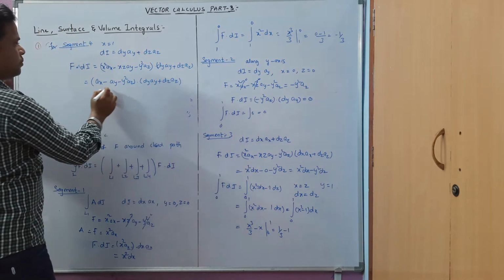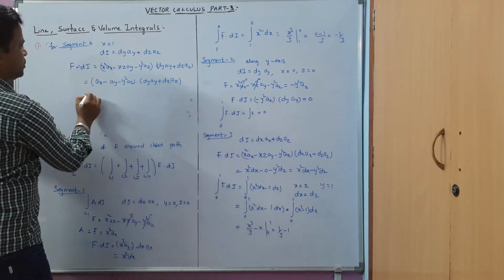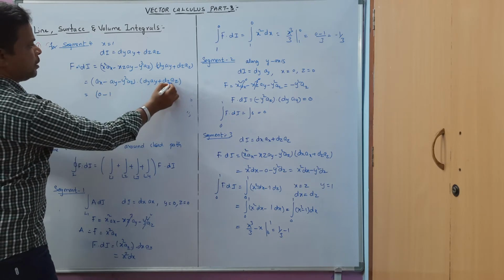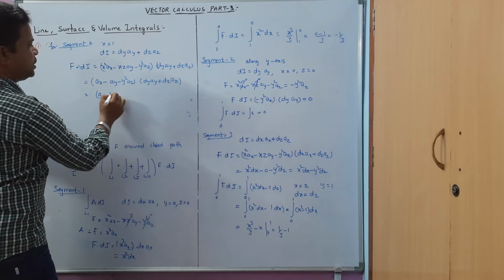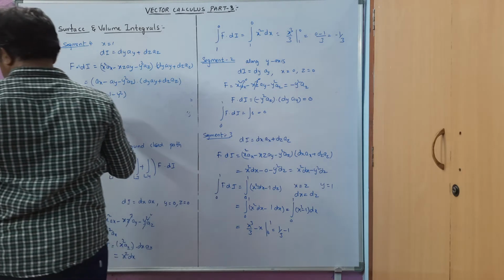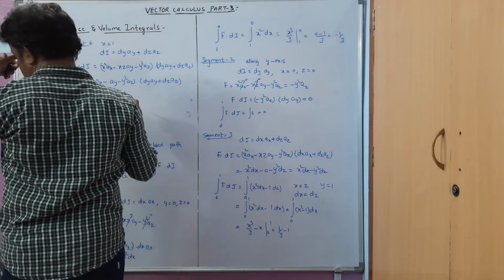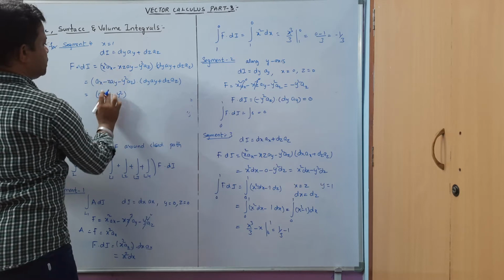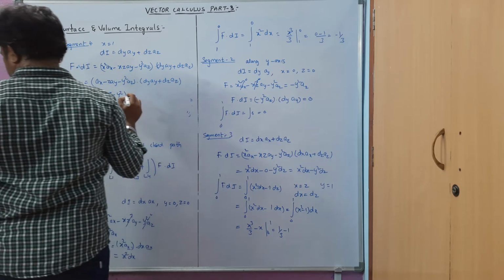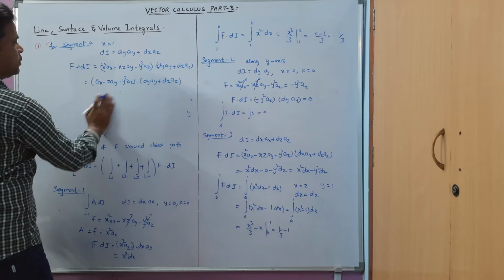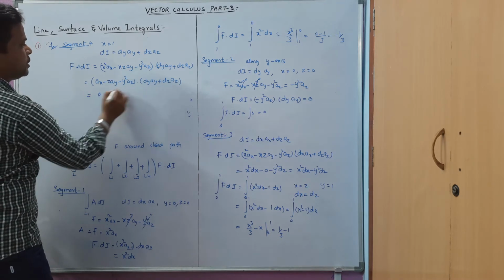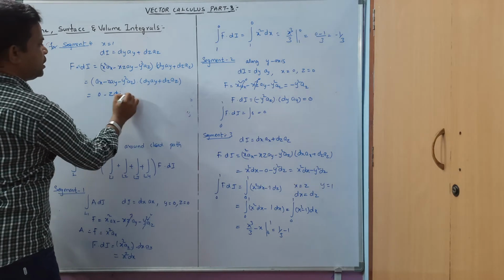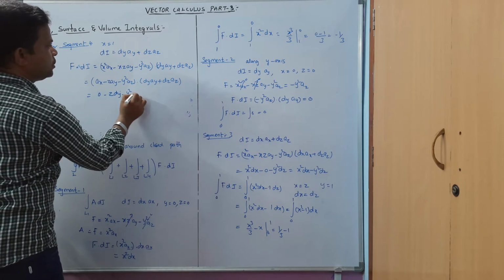Now the dot product of ay dot ay is 1 here. This will be 0 minus 1 dz dot az dot az is 1 here minus y square. Here x is equal to 1, z will be there, so z minus y square into 0 minus z into dy, next minus y square into dz.